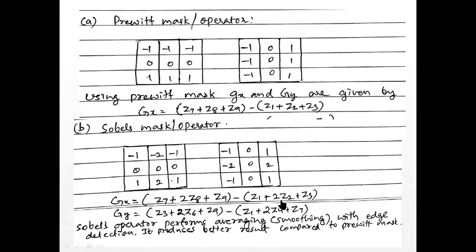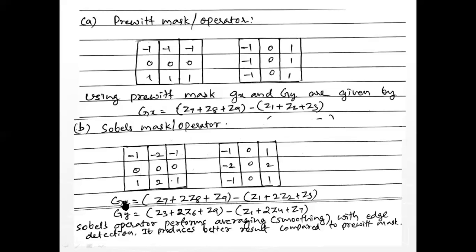Similarly, Gy, that is the gradient along the y direction, can be calculated as Z3 plus 2Z6 plus Z9, then minus, in bracket, Z1, 2Z4, Z7.